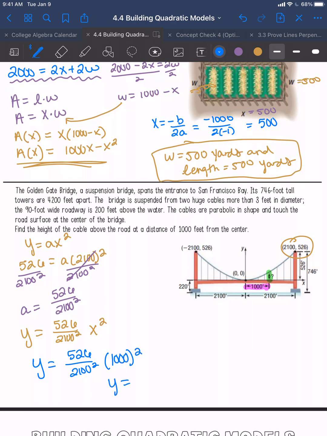And when you get that, y is about 119.27 feet. All right, so the cable is about 119.27 feet above the road at a distance of 1,000 feet from the center there of the bridge.